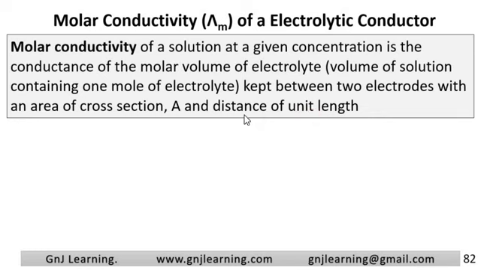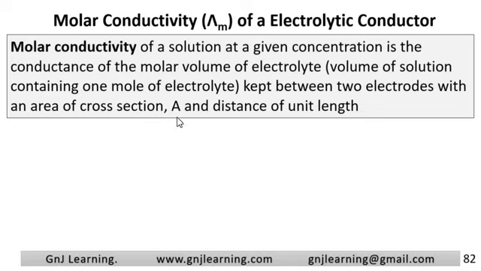So the distance between the platinum electrodes is defined as unit length, whereas area of cross section is not defined, because if you define area of cross section as unity, then it is unit volume. Molar conductivity is not about unit volume, but it is about molar volume. So distance, though it is defined as unit length, area of cross section might vary because it's for molar volume. If you fix this also, then it will be unit volume, so you won't fix this.